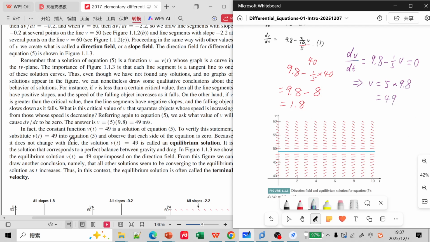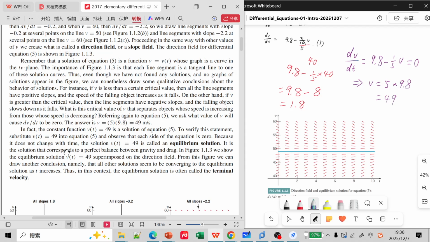In fact, the constant function v of t equal to 49 is a solution of equation 5. To verify this statement, substitute v of t equal to 49 into equation 5 and observe that each side of the equation is 0. So let's do this.